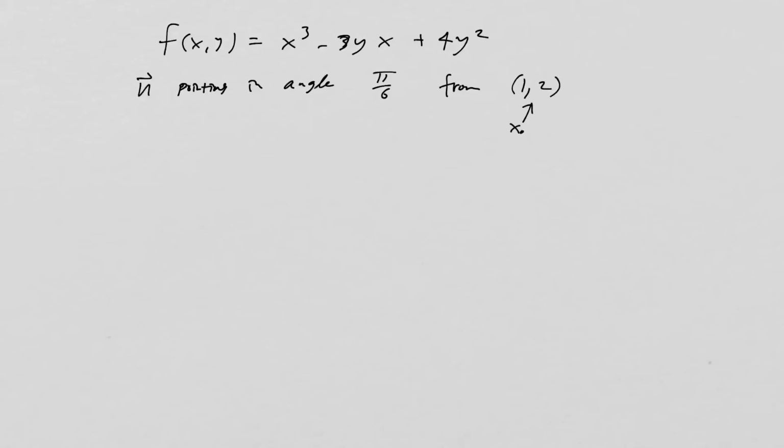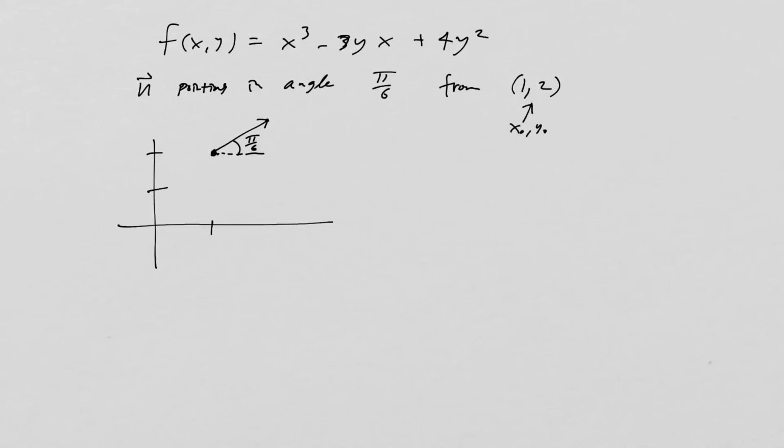Right, so that right there is my x naught and my y naught. Okay, so let's see if we can get a kind of a schematic here. There's my point there, and now I want to look at the direction going that way, pi over 6.